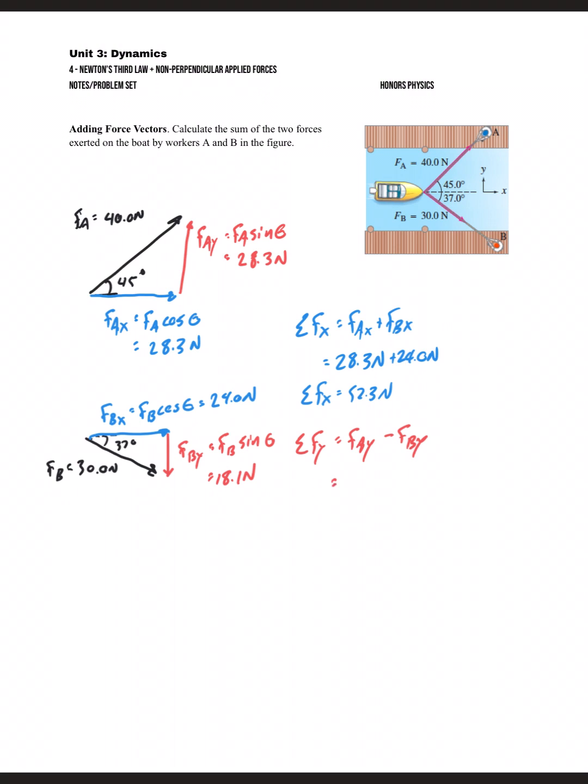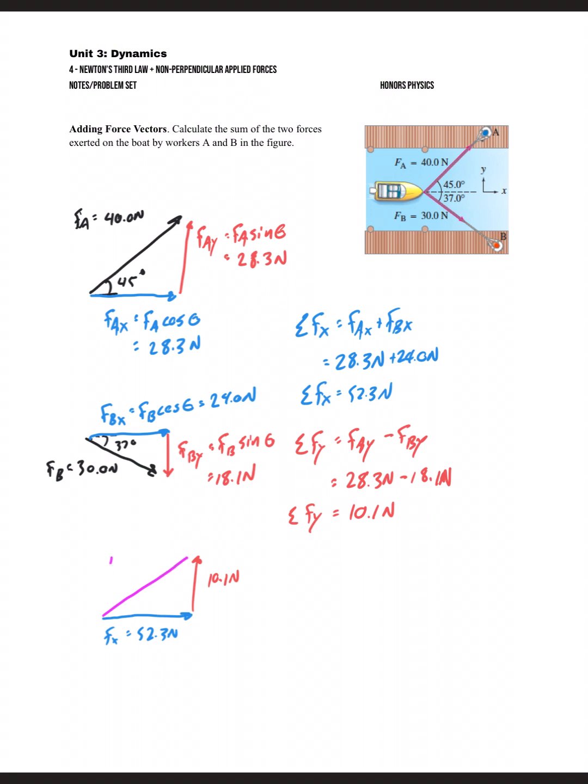So I get 28.3 pointing up, and pointing down is 18.1 newtons. So net force in the Y direction is 10.1 newtons. Going back to our old school way of plugging all these things in, I get the net force in the X direction of 52.3 newtons. In the Y direction, I get 10.1 newtons.